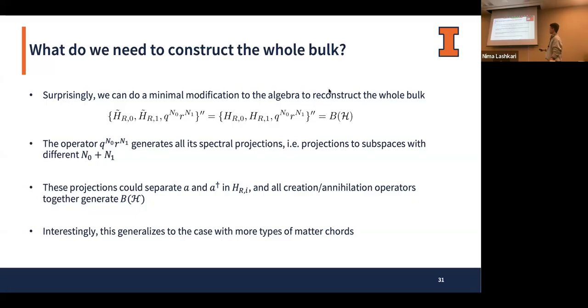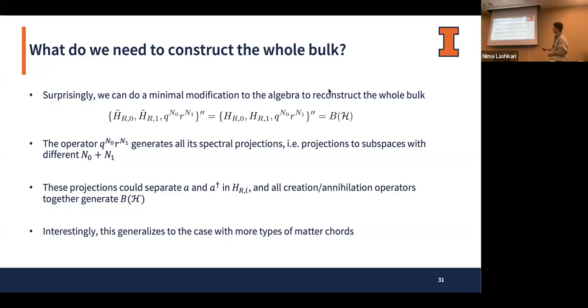The basic logic is that from this operator, by taking all possible limits in the von Neumann algebra, you can construct all projections, all spectral projections. In this case, the spectral projections are just the projections to subspaces with different values for n0 plus n1.